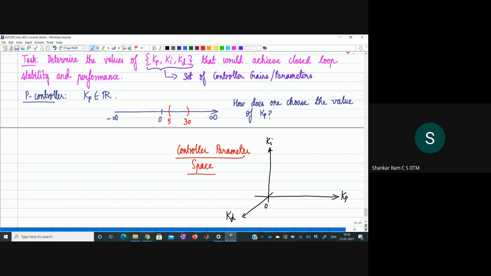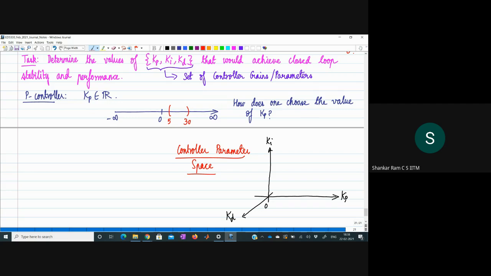Even with a proportional controller, where we have only one parameter, the problem is challenging, because we still need to choose a value between minus infinity and plus infinity. There the controller parameter space is a straight line. If I have a PI or PD controller, the controller parameter space is going to be a plane.